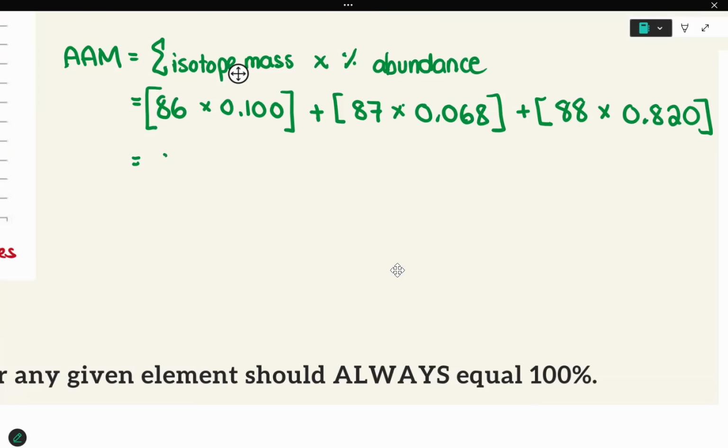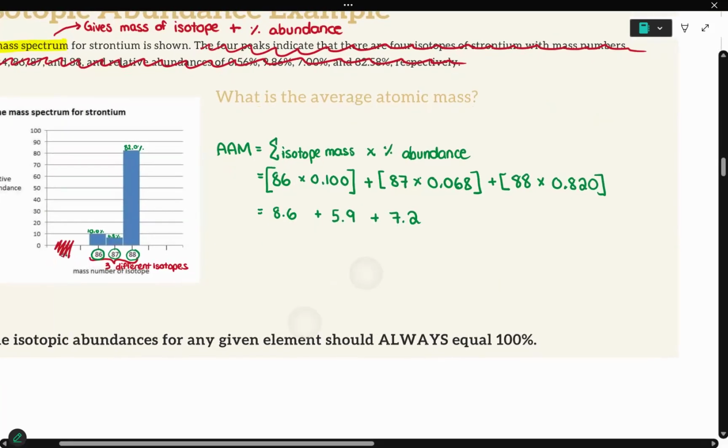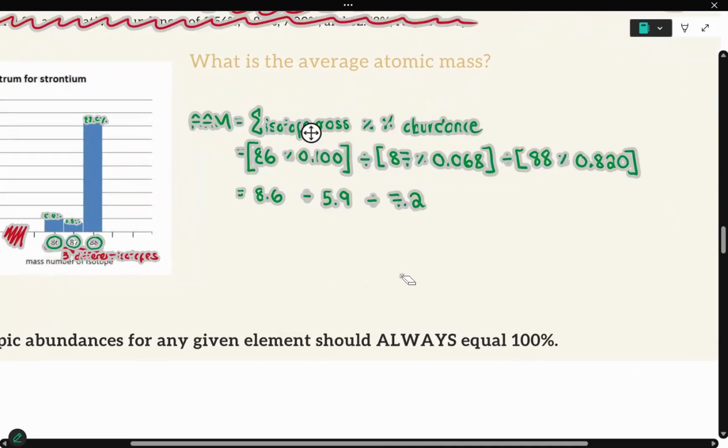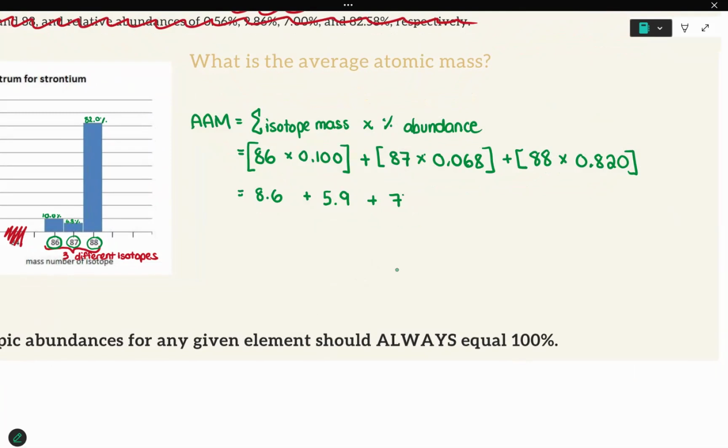This is 8.6 plus 87 times 0.068 equals 5.9, because of the two sig figs, plus 88 times 0.820, 72. Sorry, 72, I was like, this doesn't add up to anything close to 80.